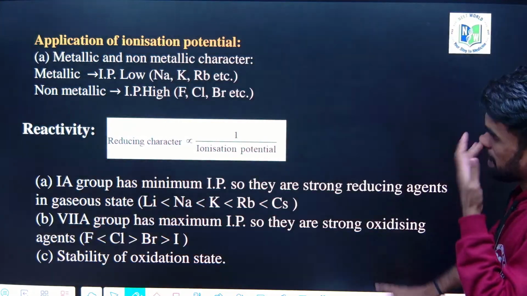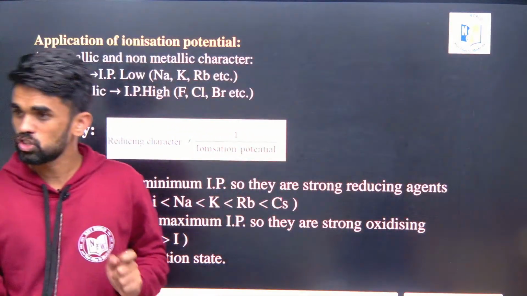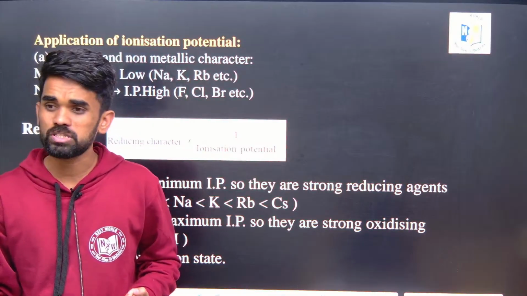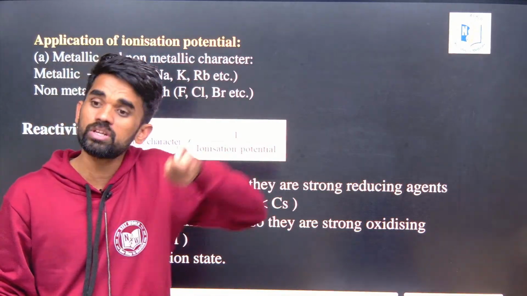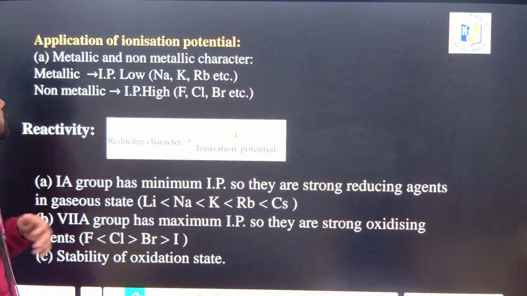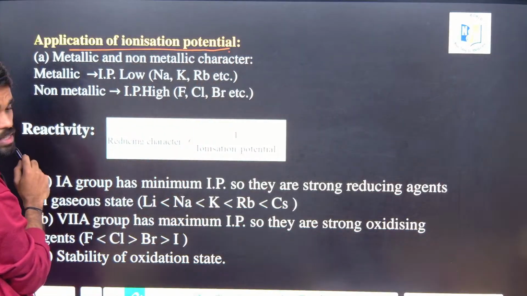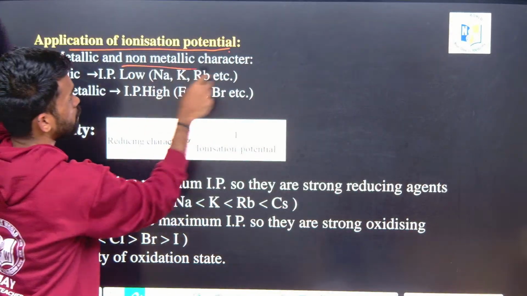So what are the applications of ionization energy? See, metals are electropositive, meaning they have a tendency to release the electron easily. They have low ionization energy. Applications of ionization potential: metals and non-metallic character.